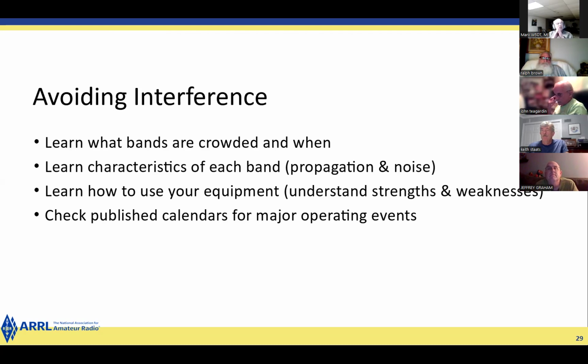Again, you can check published calendars for major operating events so that you're not going to be bothered. If you're figuring on having a schedule with your buddy down in Arizona someplace, you want to make sure you're not going to be doing it on some afternoon where there's a big contest going on.